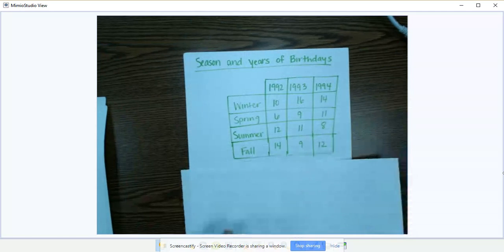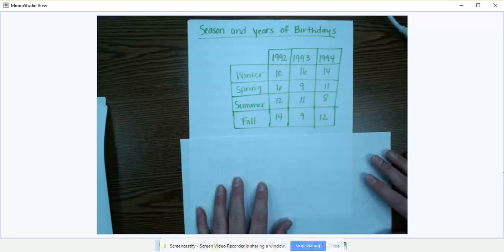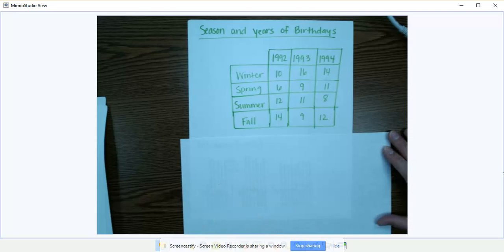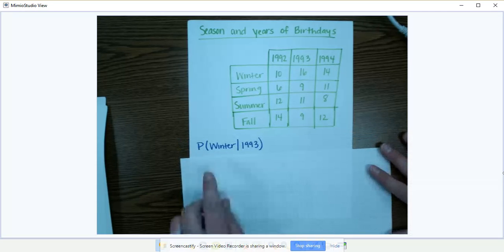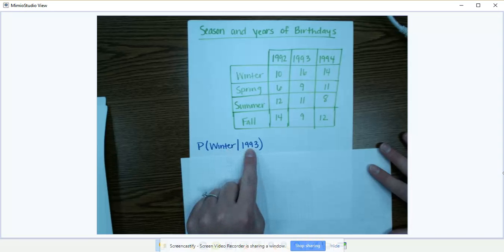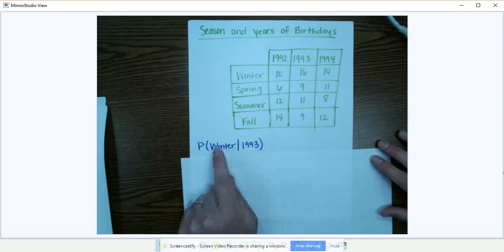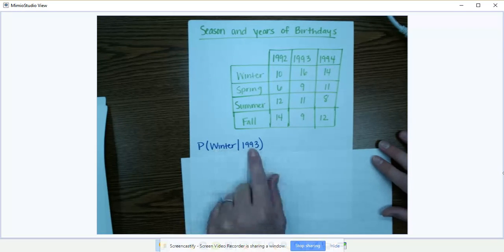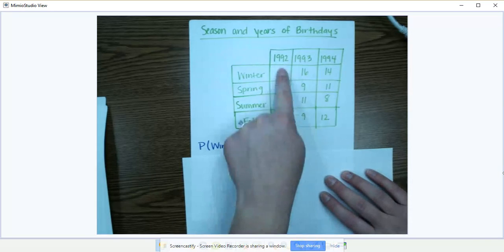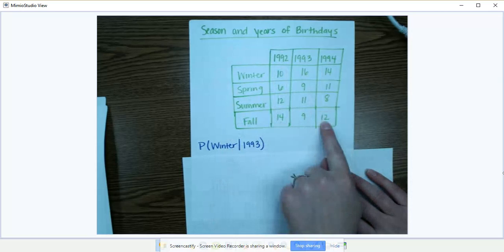Another common way to find conditional probabilities is given a table. So we have this table that talks about the seasons that people have their birthdays along with the years they were born. So we want to find what's the probability of a winter birthday given that it's 1993. So here we're obviously considering our month or our season. It's winter, but it has to be 1993, meaning I don't care at all about this 92 column or the 94 column.